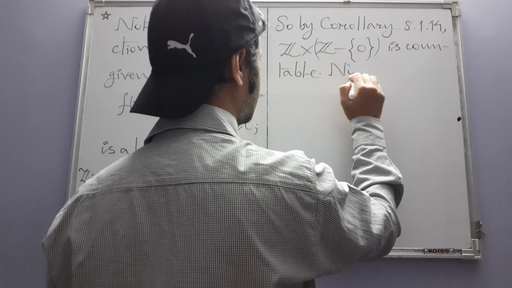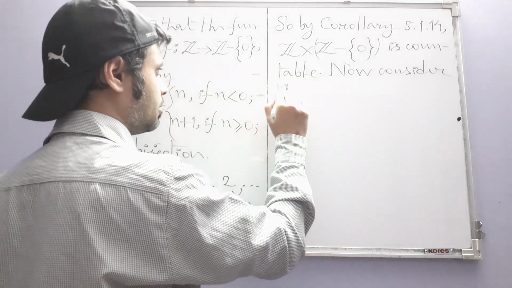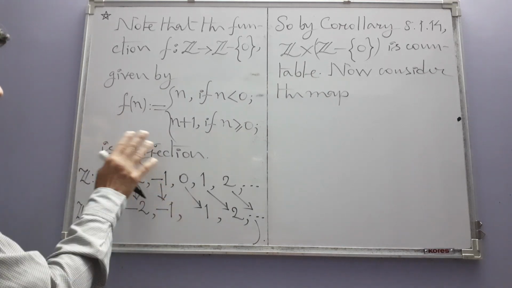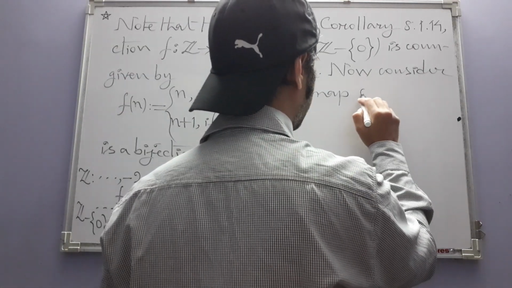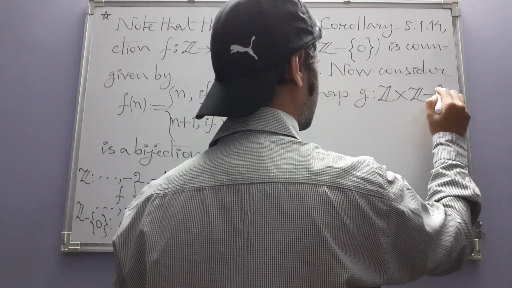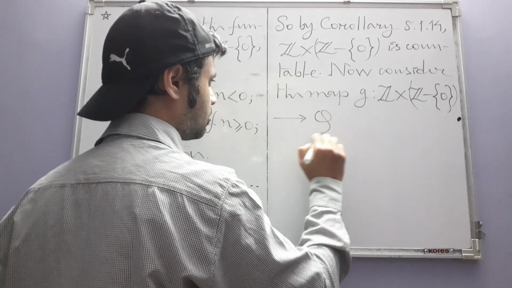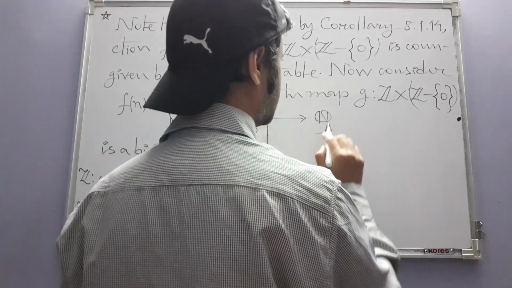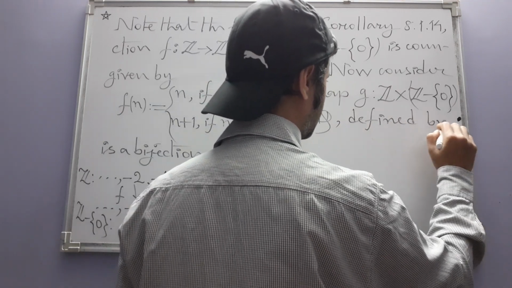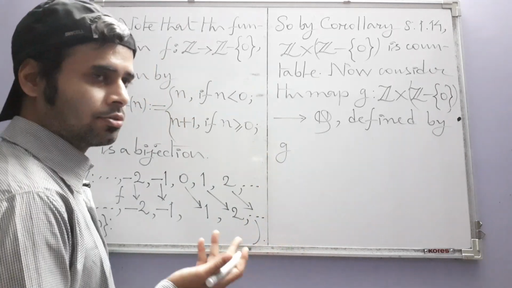Now consider the map, because I have already mentioned f here, although within brackets, so I cannot write f here, but instead let me just write g, into the set of rational numbers, defined by, what type of inputs do we have now?